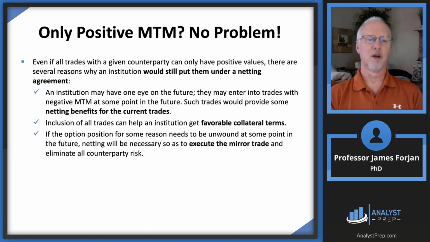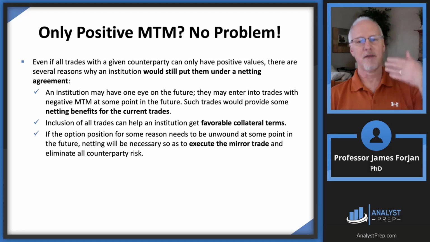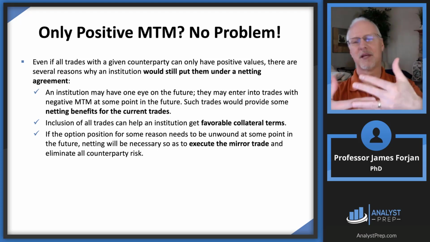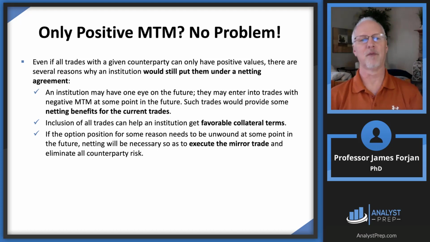And so look, if the option position needs to be unwound at some point, you're going to execute a mirror trade to try to eliminate that counterparty risk, or at least substantially reduce it. So you have this one option, and then you're going to try to mirror that trade. And so it makes some sense then to do some netting. That makes perfect sense.